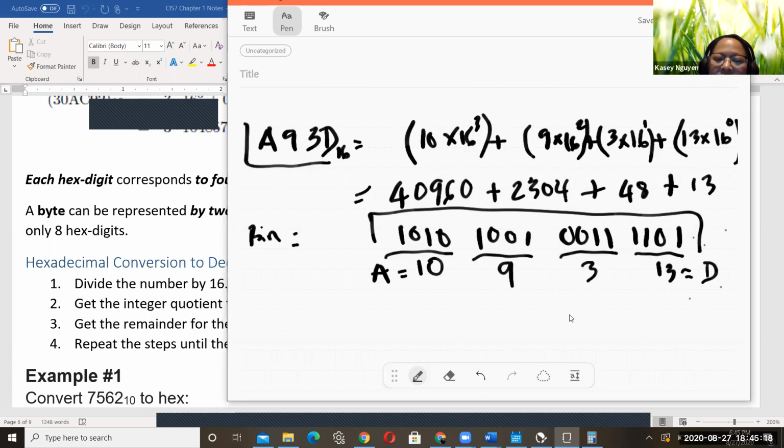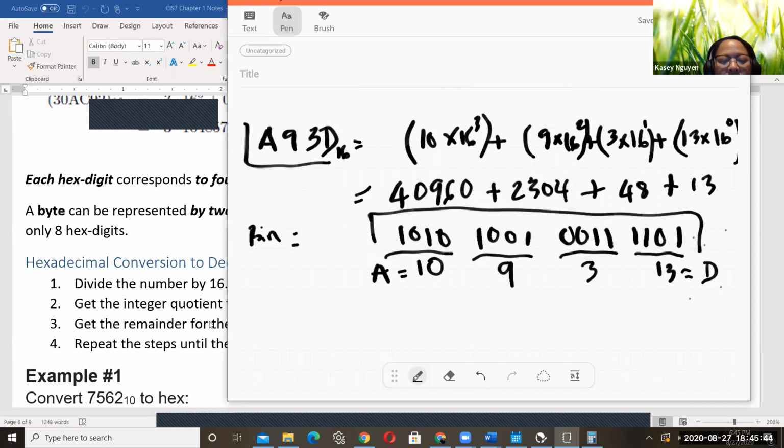So this is why they say that each digit in hexadecimal is going to be 4 bits in binary. So any questions? Okay.